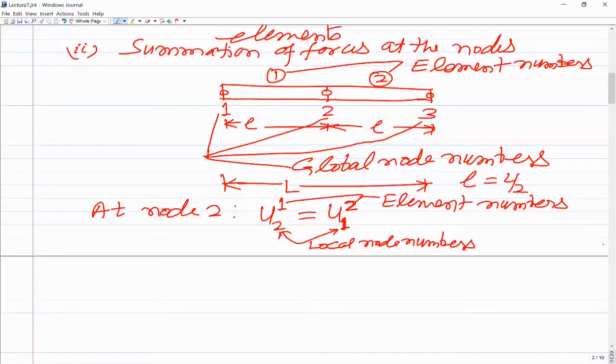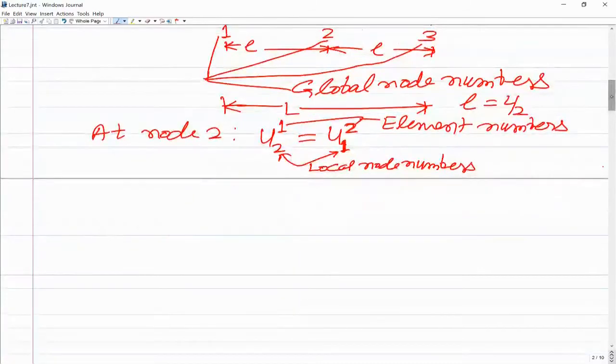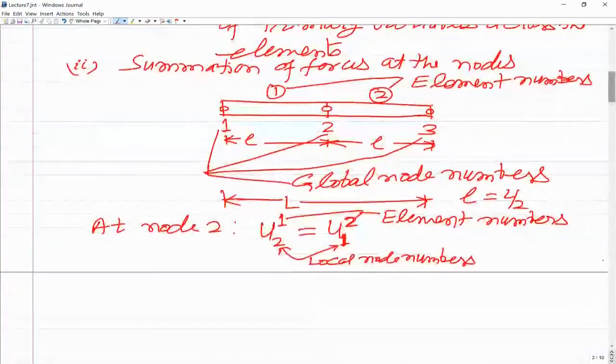In the assembly process, right now we are not talking about any boundary condition. As a whole, we will have three displacement degrees of freedom for the whole element assembly. That is one displacement at global node 1, one displacement at global node 2, and one displacement degree of freedom at global node number 3.